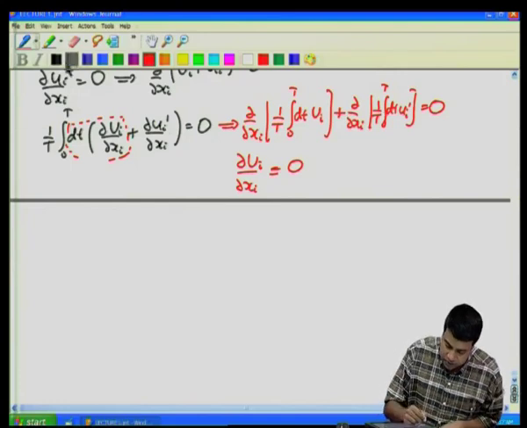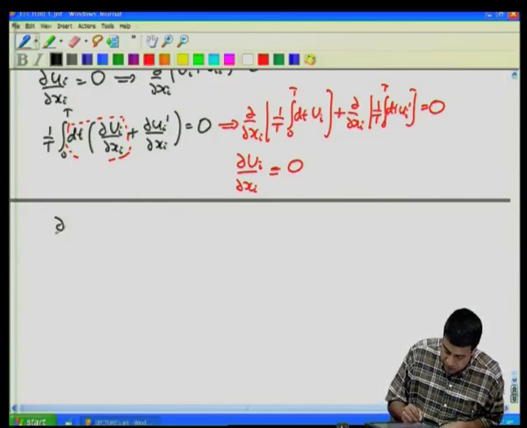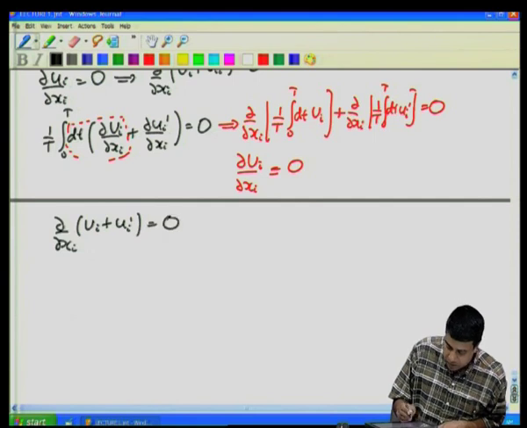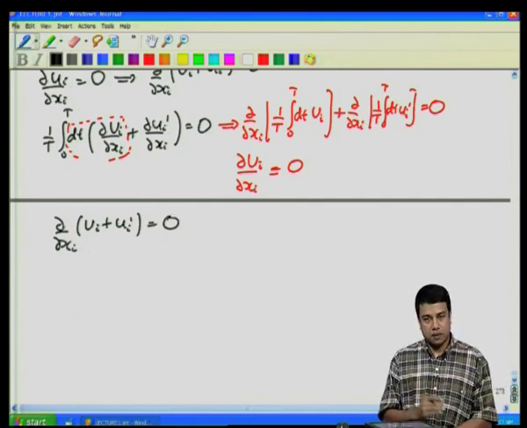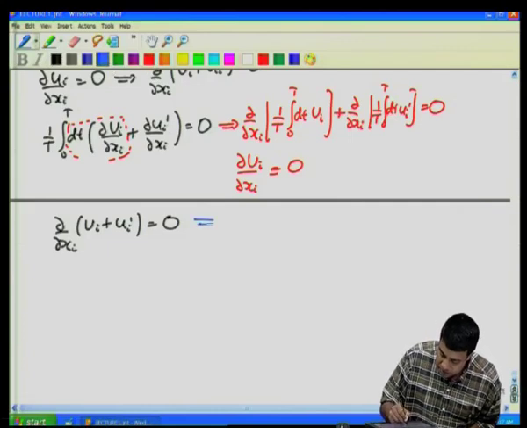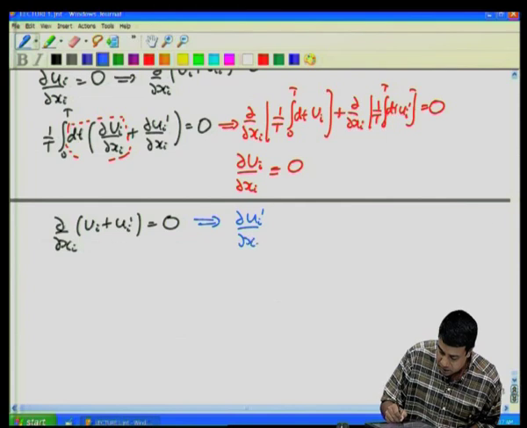Of course, my original equation was partial by partial x_i of (capital U_i plus u_i prime) is equal to 0. When I did the time integration, I found the mean velocity equation as partial by partial x_i of U_i is equal to 0. That implies that for the fluctuations themselves, the equation is partial u_i prime by partial x_i is equal to 0.